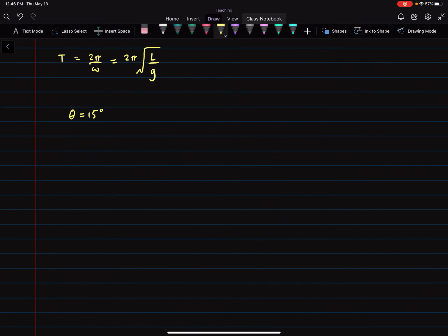So using the non-simplified version of the period, I'll write this out, and I want you to calculate what it would be for theta equals 15.